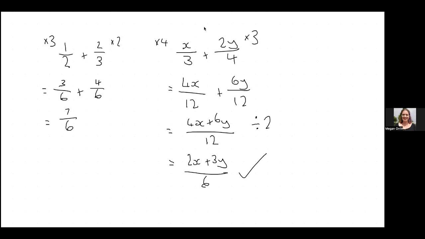Save that. All right, let's make it more complicated with letters on the bottom this time. All right, so what if I have, let's pick something from here. Let's do this one.